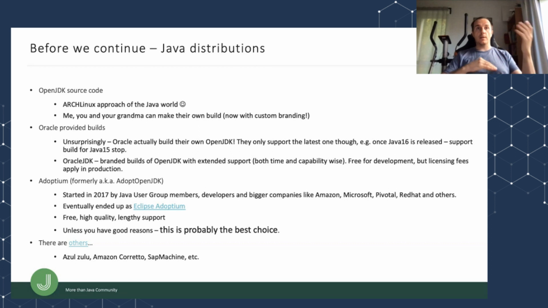It follows the guidelines of LTS, etc. And the key thing from this is that unless you have really good reasons, this is the version to go with, right? So this is probably the best choice you have if you're doing some kind of mid to small project and you want something of high quality that's supported, and probably going to be supported in the future as well, right?